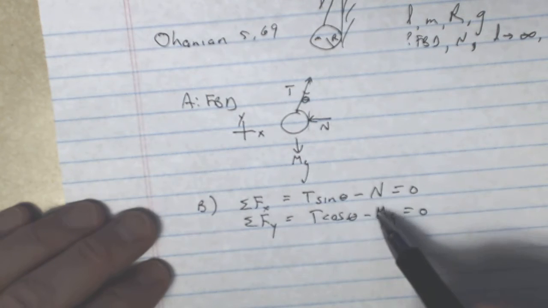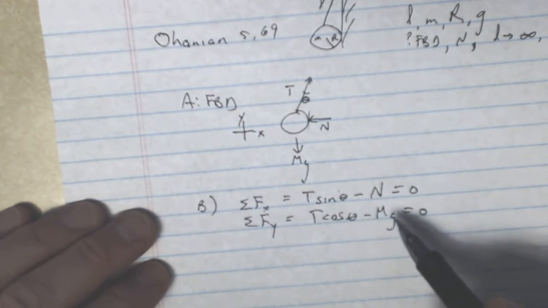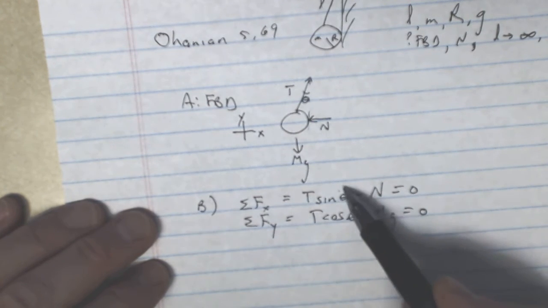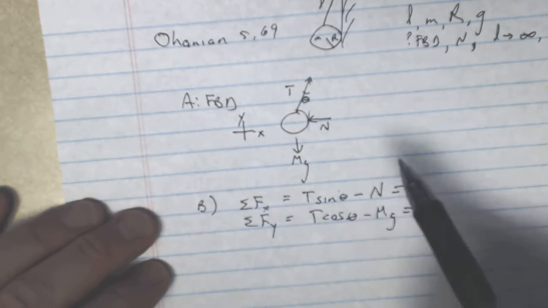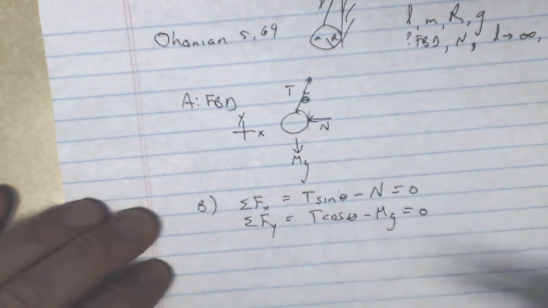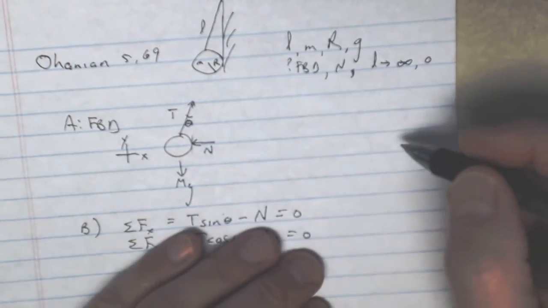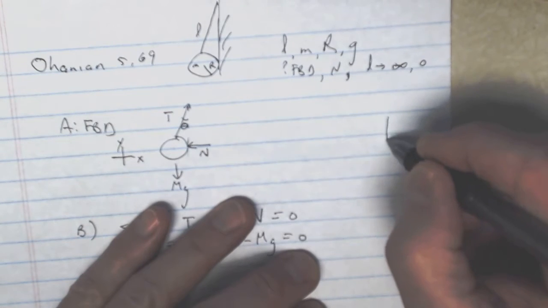So I've got two equations for two unknowns. The tension's unknown and the normal force is unknown, so I ought to be able to solve them, but I have a problem. I wrote everything in terms of theta, but you weren't given theta. You were given the length of the string and the radius of the ball. So now I have to use that information to get theta. Let me make another drawing showing how.